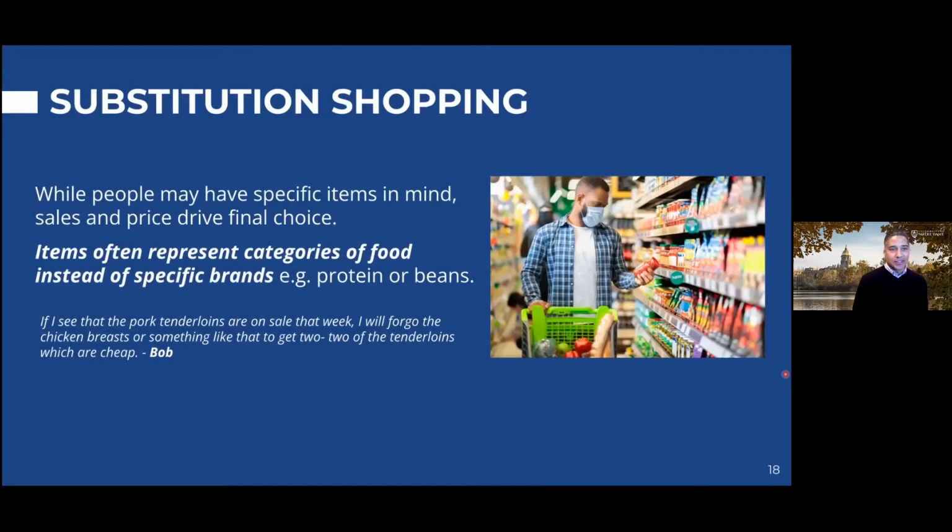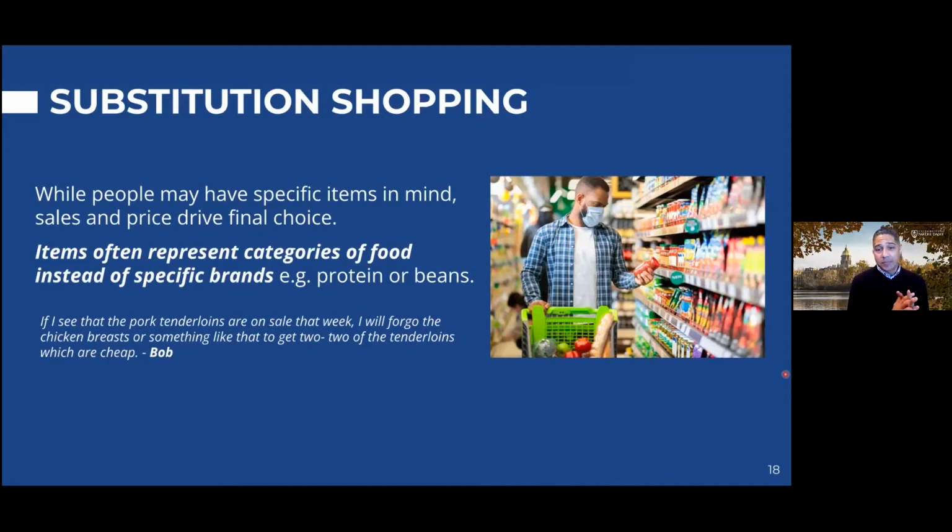Another interesting finding, and really important, I think, for moving forward in this project, is that people are really flexible when it comes to items that they're willing to make substitutions for. So people generally start with a general list of items that they need, but they adjust and they adapt in the store quite often to leverage things like sales or to respond to inventory challenges where something that they want is not available.